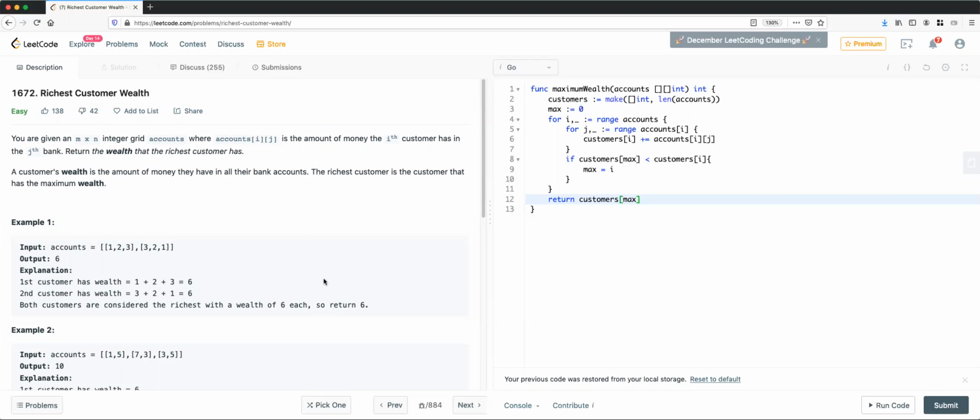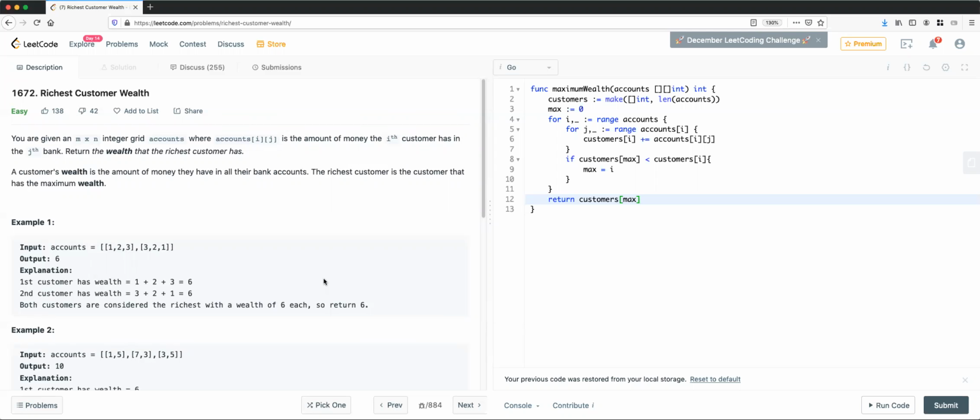So we have a multi-dimensional array, a matrix basically, whereby each row, if you think about it, has boxes, and each box in a row represents what each customer on that row has.